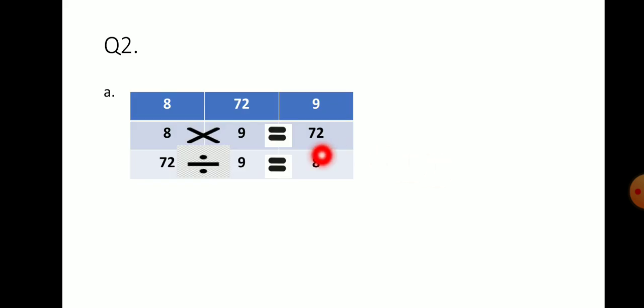Here we have these 3 numbers. First we have to make the multiplication sentence. That means you'll multiply two numbers and get the answer 72.